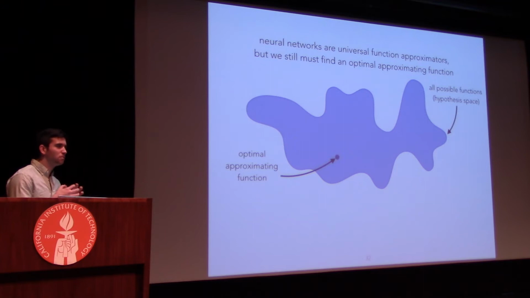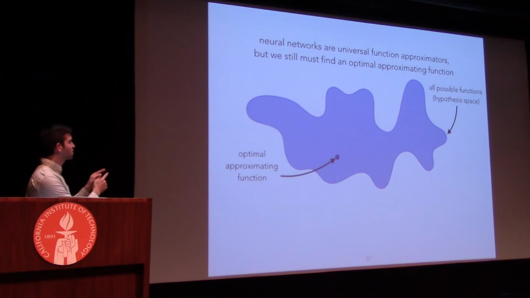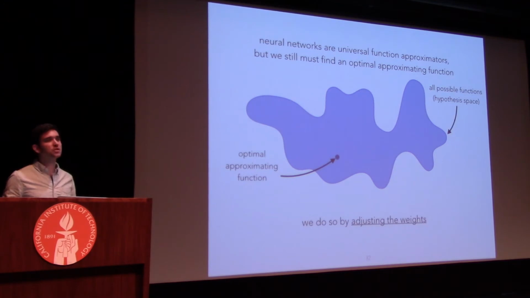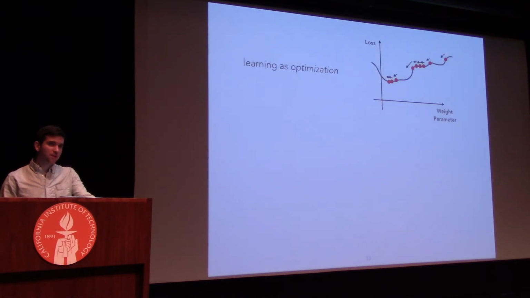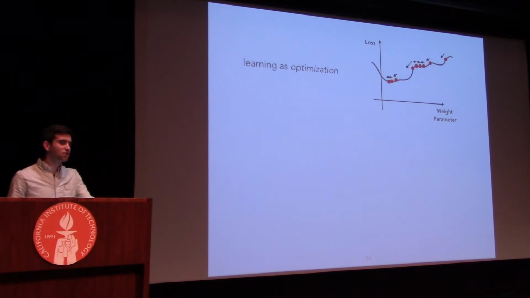well, there might be one or might be multiple optimal approximating functions within this space. And we want to find this little dot here when we're somewhere in this space. And what we're going to do is adjust the weights in order to get to that point. And the general paradigm of learning is generally phrased as an optimization problem.